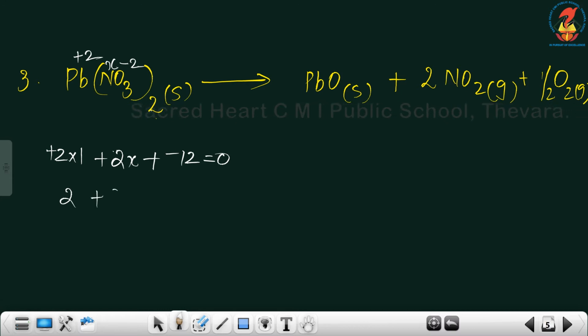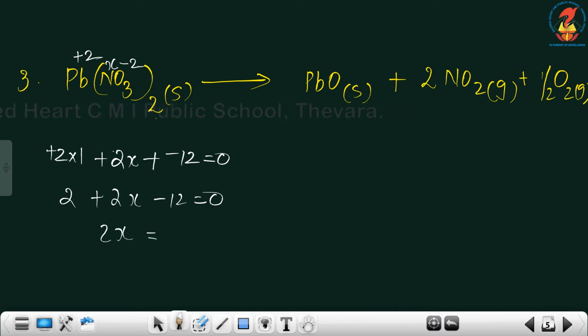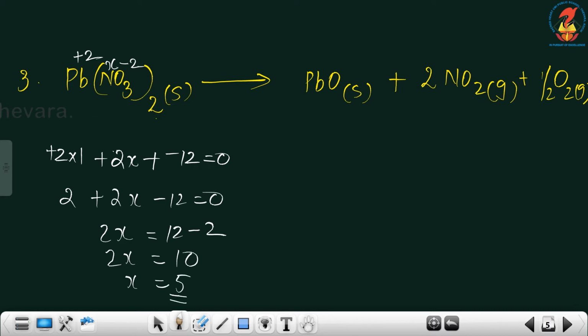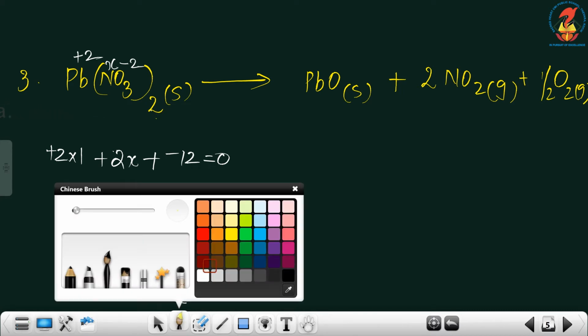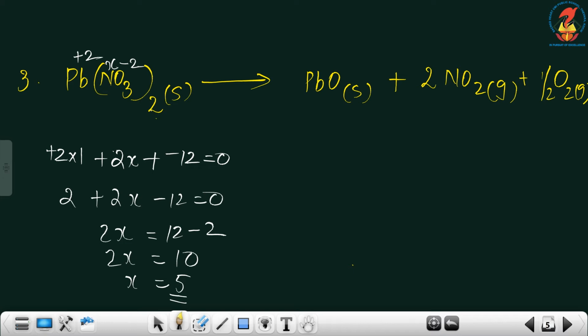So 2 plus 2X minus 12 equal to 0. So 2X equal to 12 minus 2, so 2X equal to 10. So X equal to 5. So the oxidation number of nitrogen we are getting here is plus 5.